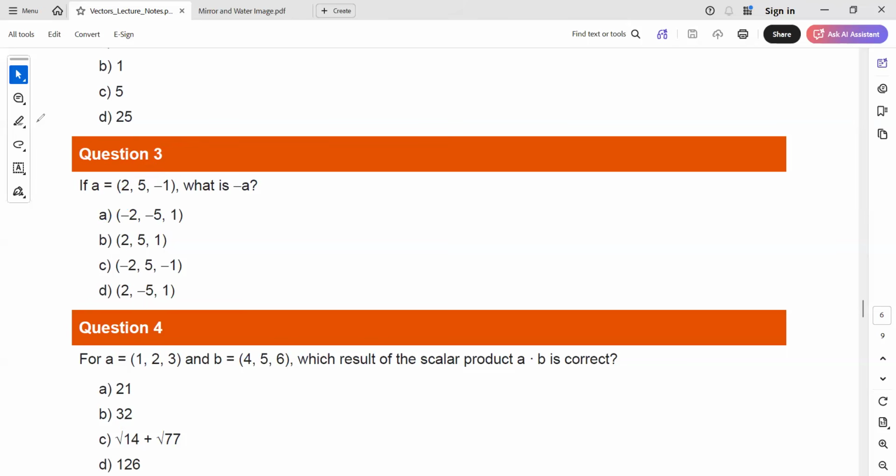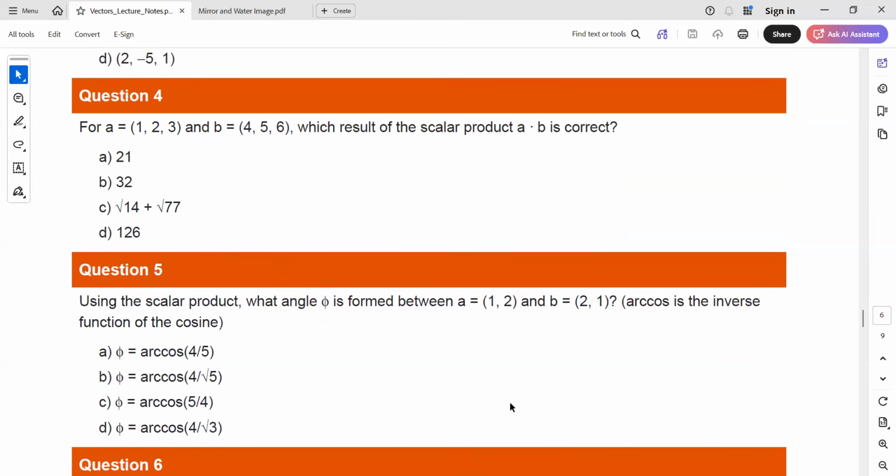Now question number 4. Sir, B. So we have to find the dot product, A dot B. 1, 2, 3 and 4, 5, 6.